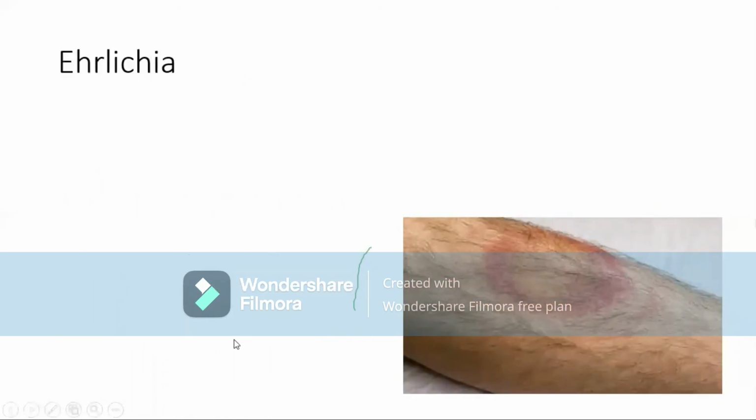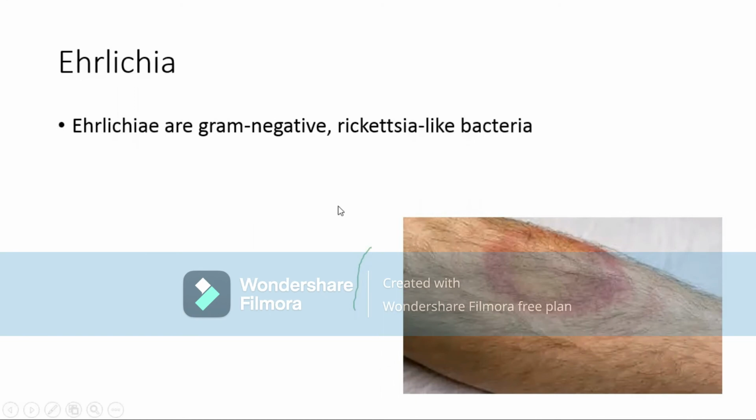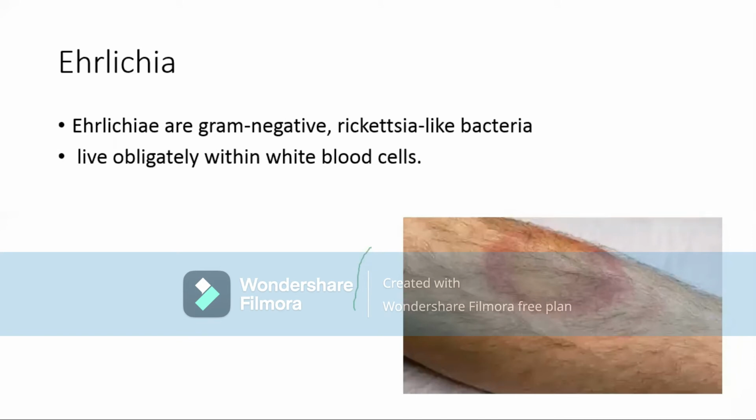Another member of clinical importance is Ehrlichia, although its infection is not that common, but definitely it happens. I showed you a picture of Ehrlichiosis. So again, it's Rickettsia-like bacteria, gram-negative, and they live obligately within white blood cells.